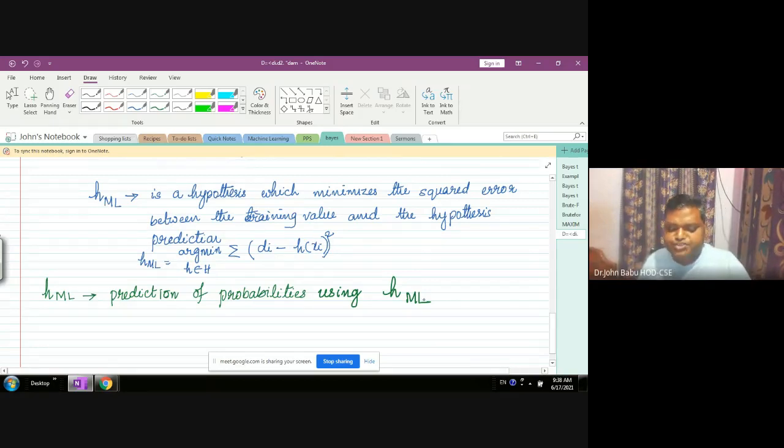By using this, how can we predict the probability?